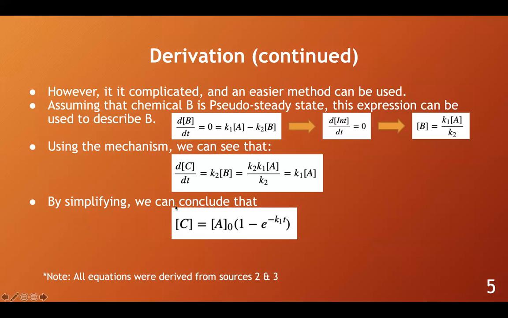By simplifying this, we can conclude that the concentration of the products, which is the main goal of this problem, is found by multiplying the initial concentration of the reactants by 1 minus e to the negative K1 times time. Again, these equations were derived from sources 3 and 2.